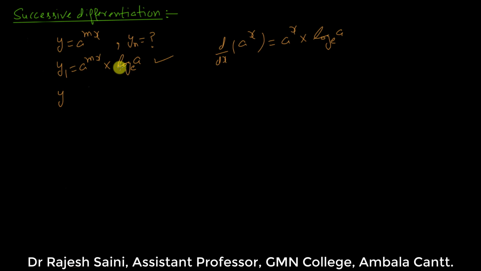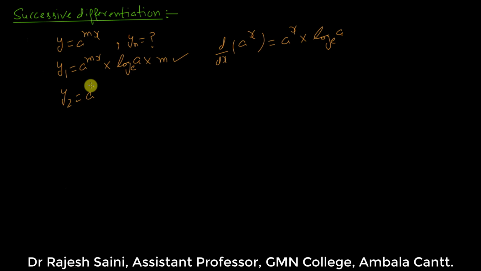Now differentiating one more time, we will differentiate mx. What will it be? Into m. So I am going to write it over here. This will be into m also.